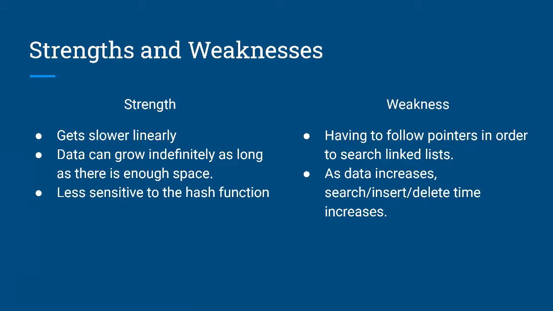For weaknesses, it can be a waste of space, as some parts of the hash table are never used. Also, if the chain becomes very long, then the search time in the worst case will be O(n). And it also uses extra space for the links.